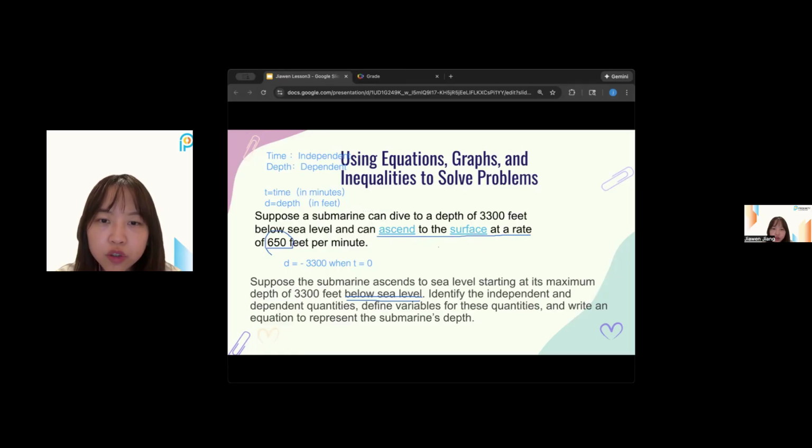Going up means the depth is increasing, so the rate of change is plus 650 feet per minute.